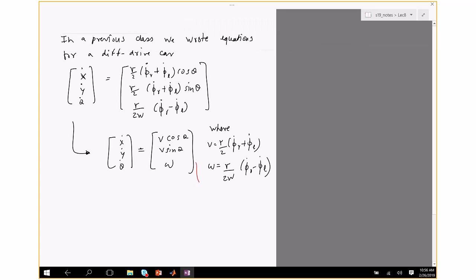Okay, so this is my second expression. What this is saying is I can only control phi dot r and phi dot l. That determines v and omega. I can totally control v and omega, which controls x dot, y dot.